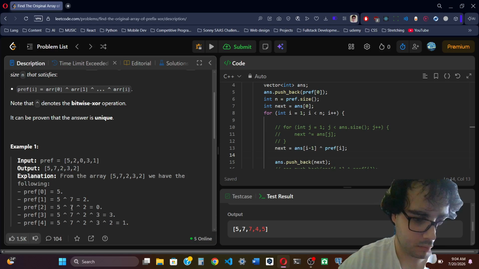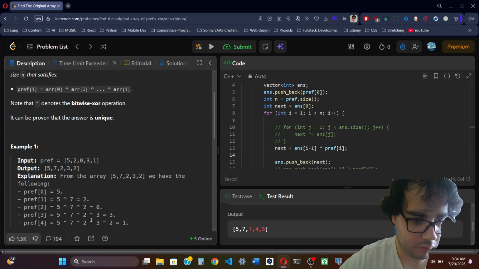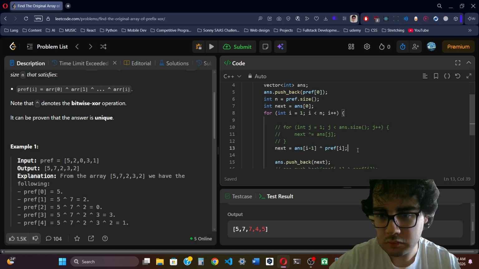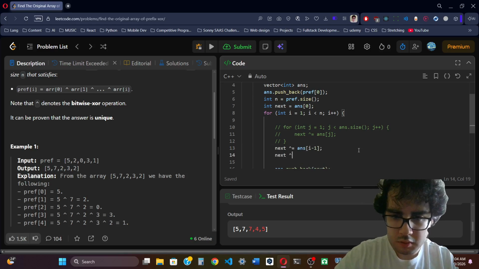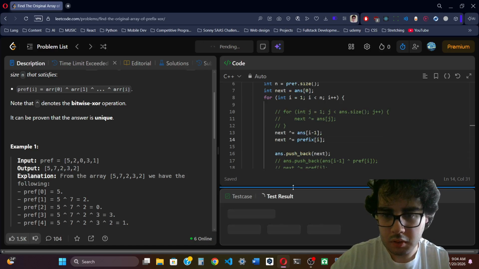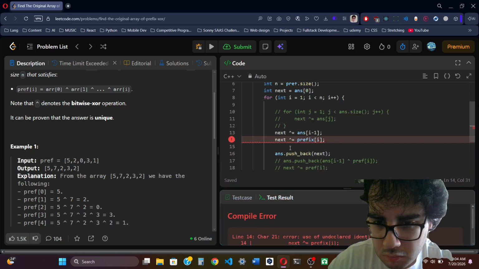This is 0 and 1, this is 0, 1 to 3, and then it's pref of 4. They're equal.